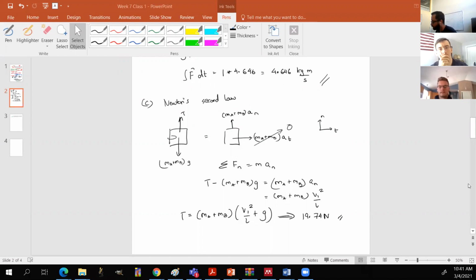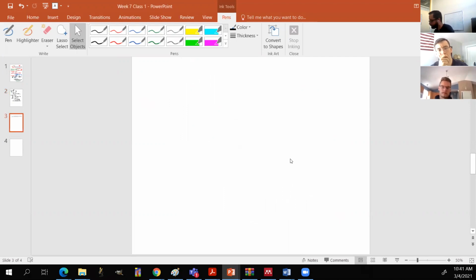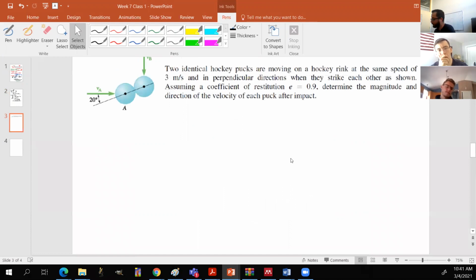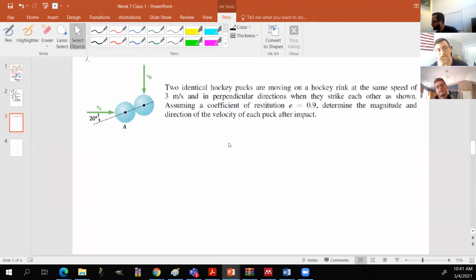All right. Next question is a pretty straightforward problem in terms of what's going on. It's just directly what we're applying, but you just have to figure the small things out. You have hockey pucks, which are identical, and they're moving in a hockey rink at the same speed, VA and VB equal to 3 meters per second, but the directions in which they're moving are clearly different.